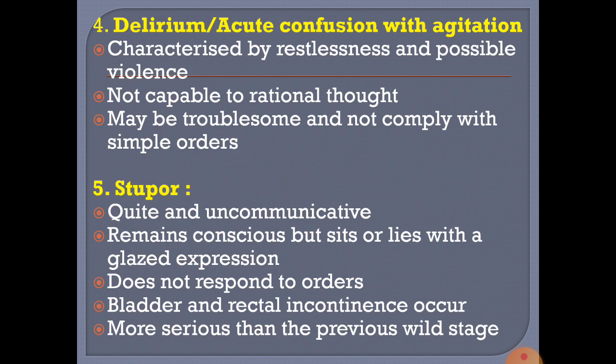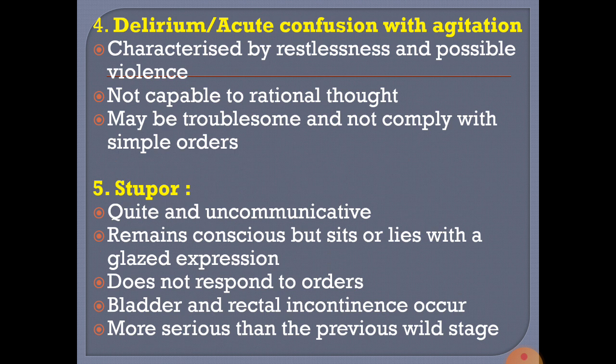Fourth level is delirium or acute confusion with agitation, which is characterized by restlessness and possible violence, not capable of rational thoughts, and may be troublesome and not comply with simple orders. Fifth is stupor. Here the patient becomes very quiet, uncooperative and uncommunicative.